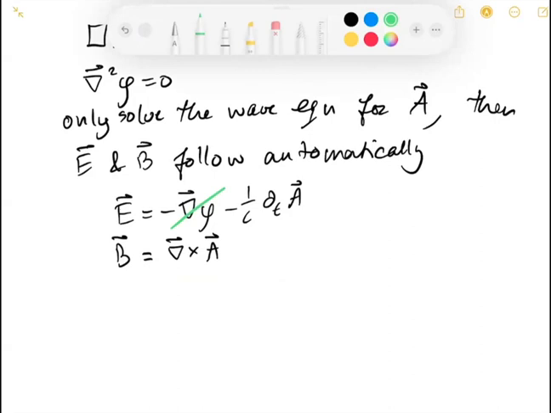Okay, so the Coulomb gauge is also called the transverse gauge.